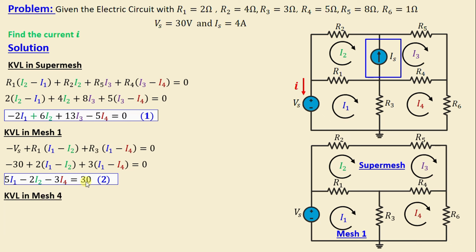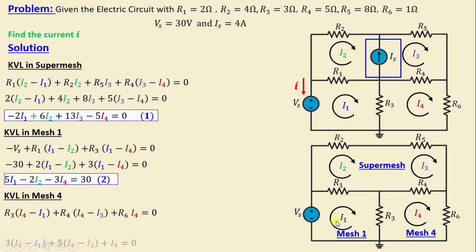Let's move on now to mesh number 4. By applying KVL in mesh 4, we can write R3(I4 minus I1) plus R4(I4 minus I3) plus R6 I4 is equal to 0.